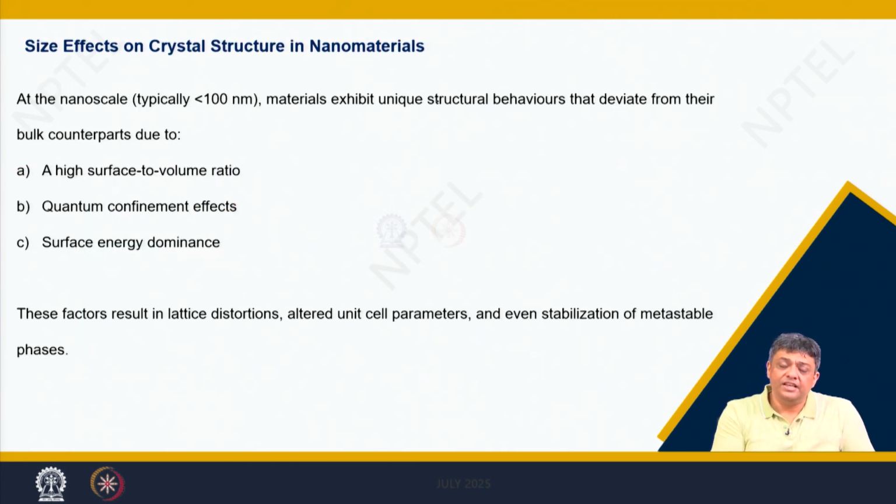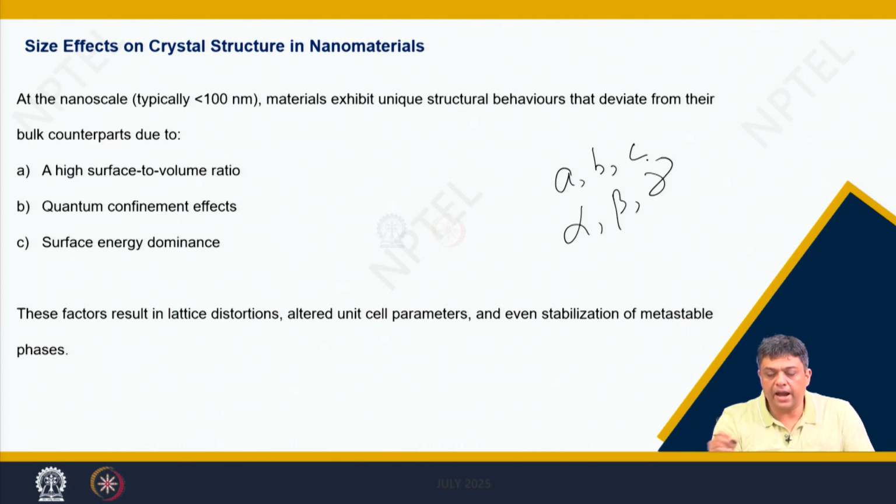You can clearly see that you have A, B, C as lattice parameters, and alpha, beta and gamma as the angles between the 2 axes A, B, B, C or C, A.